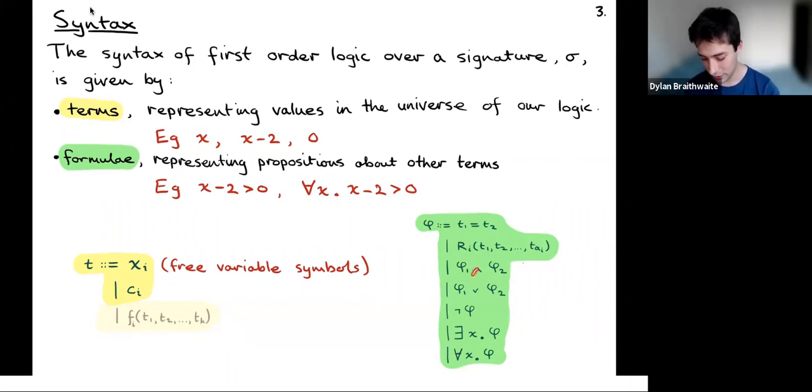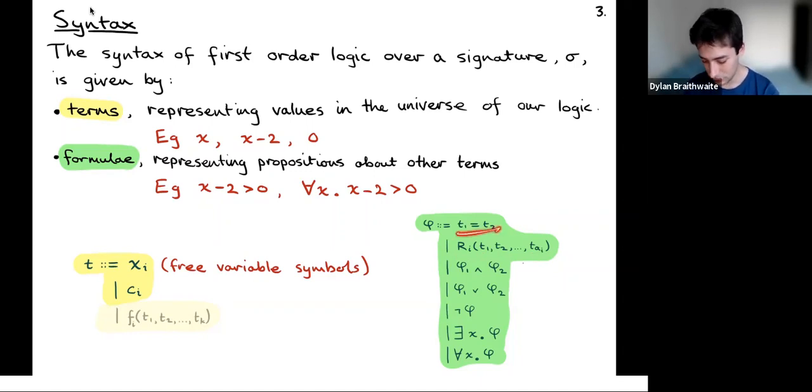You can have and symbols, or symbols, negation, existential quantification, universal, and perhaps most interestingly, you can use relation symbols, and you then need to specify a number of terms where the number is the arity of that relation symbol.